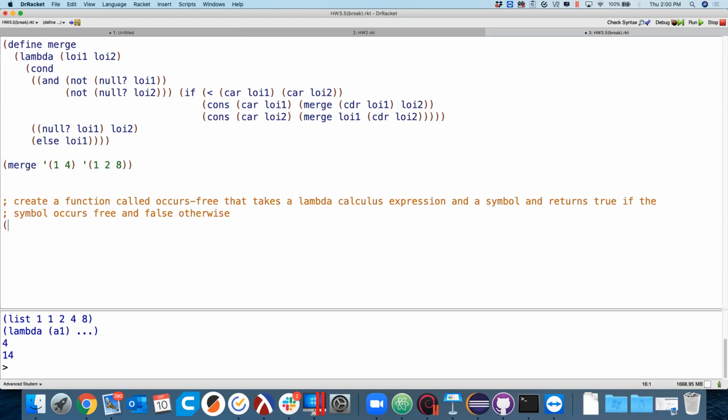So if I passed it the lambda calculus expression, that guy, and I passed it the symbol A, occurs free here would boil down to false. A does occur, but it occurs bound.